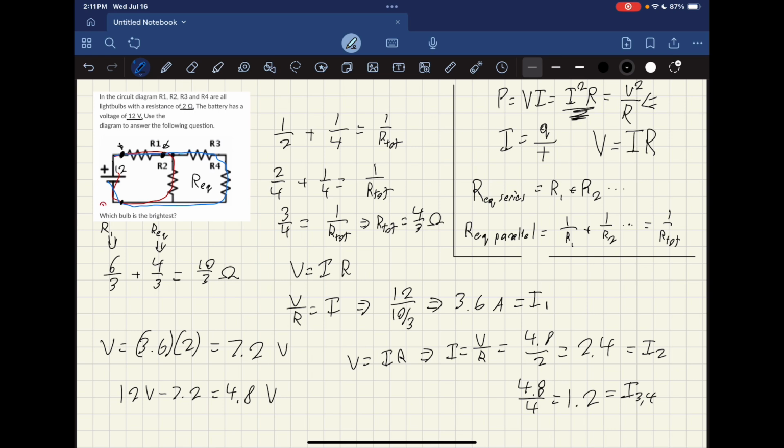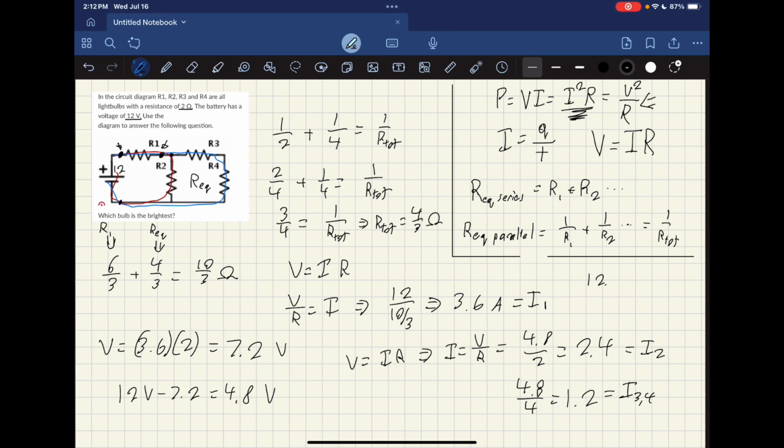But for resistor 1, I is 3.6 amps. So even though the resistance is only 2, 3.6 squared times 2 is going to be a lot bigger. I'll even calculate it out for you. 3.6 times 3.6 is 12.96, and then times 2 is roughly 26.